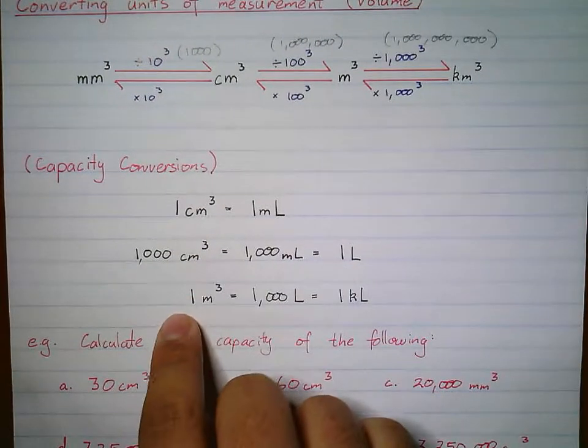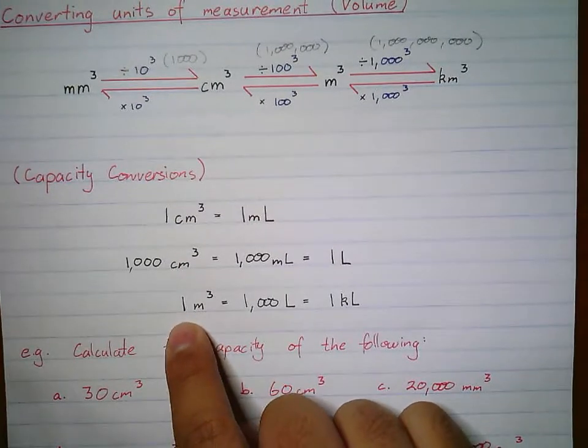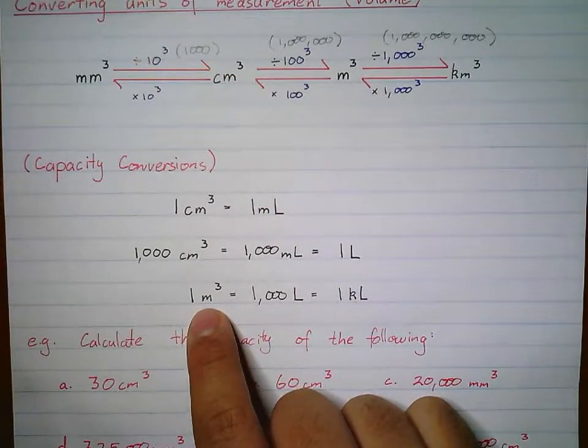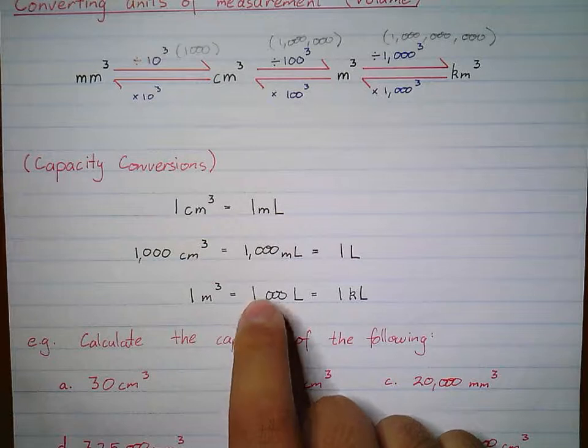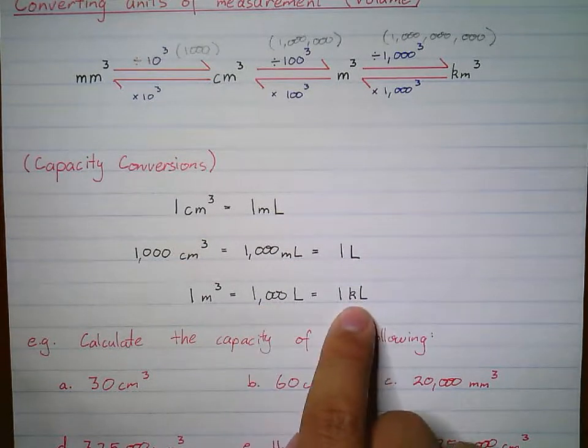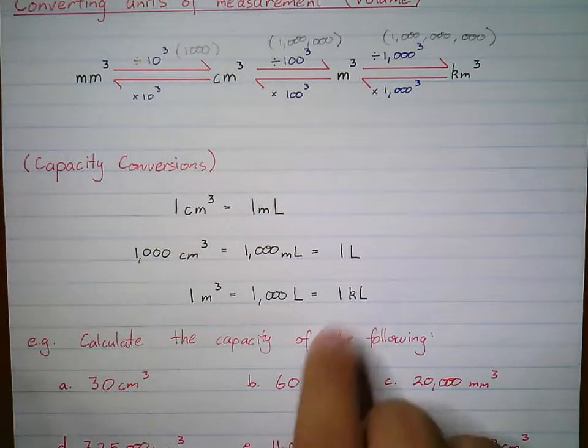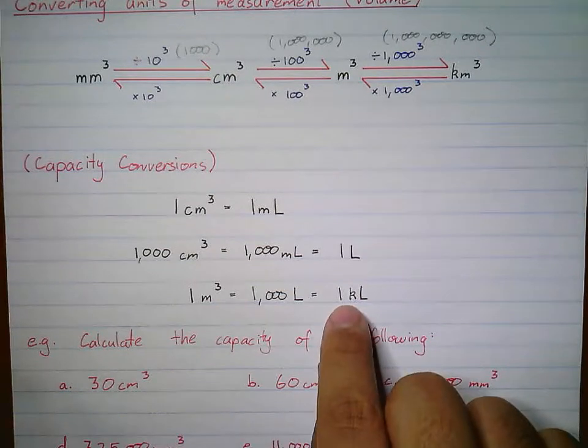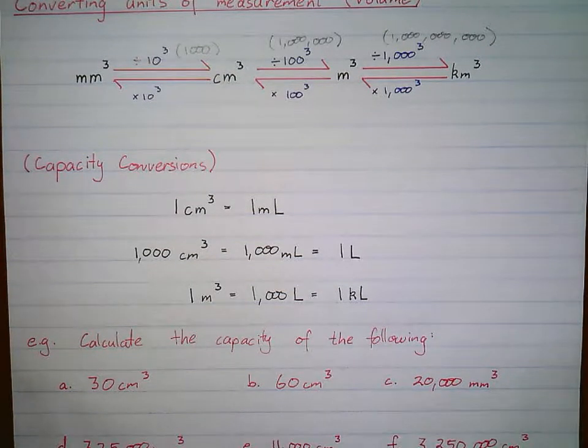And finally, there's a special place for this one. 1 meter cubed is actually 1,000 liters, which is 1 kiloliter. Kind of like kilometer, but this time it's a kiloliter.